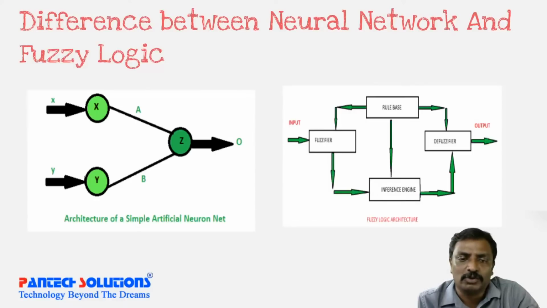With a neural network, it is very hard to modify the system. Once the system is framed, you cannot modify the architecture. Whereas with a fuzzy system, you can re-edit the rules, and fuzzy is simpler than neural networks. So whenever you need logic-based classification or reasoning, it is better to go with fuzzy logic.